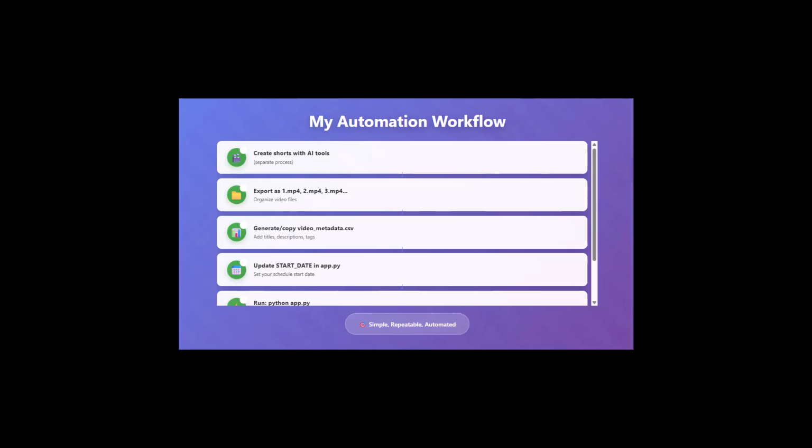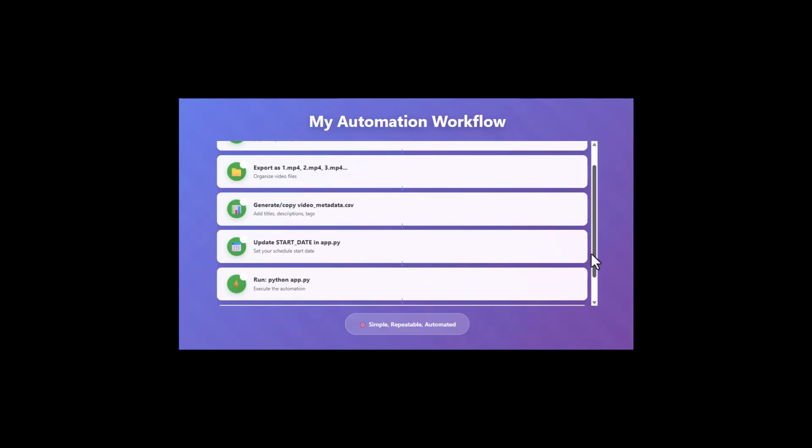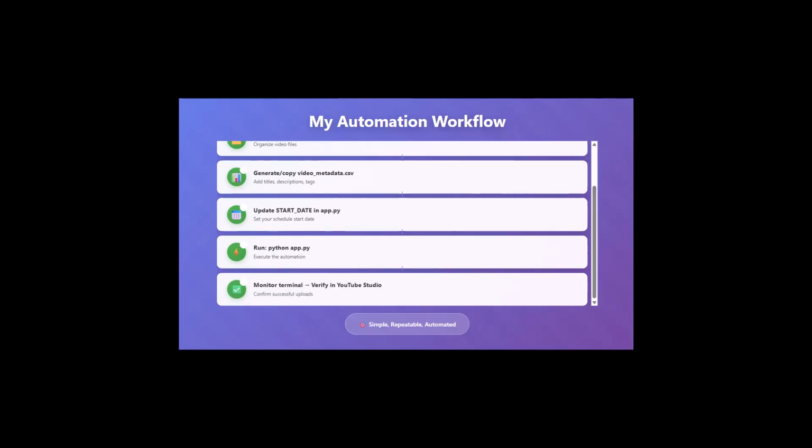Step 4. I update the start date in app.py to when I want publishing to begin. Step 5. I run Python app.py and let it do its thing. The whole upload process for 80 videos takes maybe half an hour to 1 hour, depending on file sizes and internet speed. But I don't have to babysit it. The script handles everything.